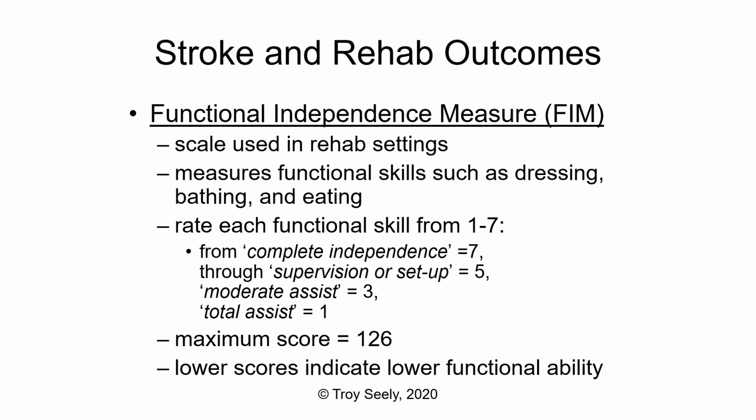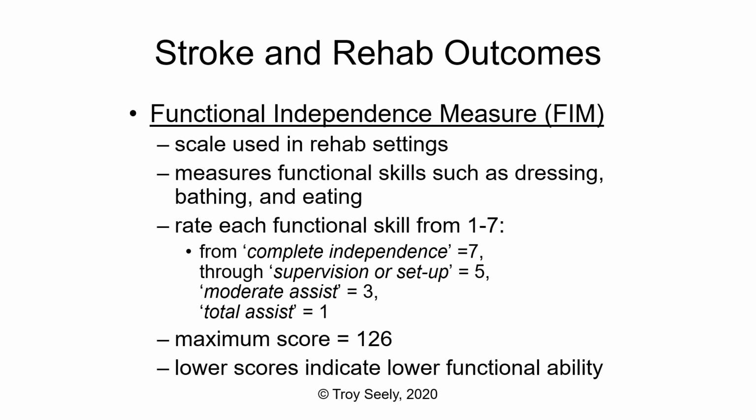Well, there are tools that have been implemented, and one of them is the Functional Independence Measure, FIM. It's a scale that's used in rehab settings, and it measures functional skills such as dressing, bathing, and eating. And you rate each functional skill on a scale of 1 to 7. If you're completely independent in a task, that would be a 7.